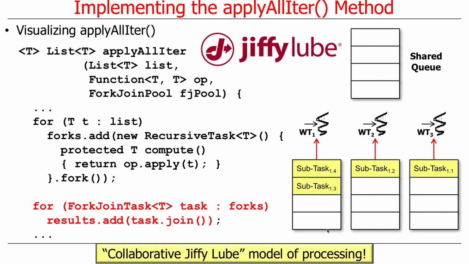So this, like always, is the Jiffy Lube model of processing by pitching in. Of course, Jiffy Lube doesn't really work that way, but the idea is, you go to Jiffy Lube and you've got multiple car bays, maybe 3 of them, and each bay has a pool of workers working on it.